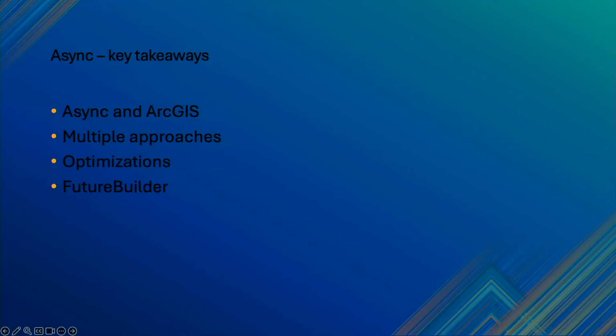Okay, so here are key takeaways that we saw in the async demo. First, we saw the importance of understanding the asynchronous patterns when working with the Maps SDK. We saw that there are several different approaches that can be taken with trade-offs between readability of the code versus the power and expressiveness of the more advanced parts of the future API.